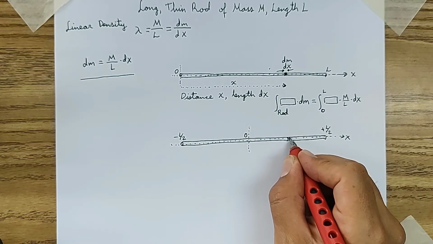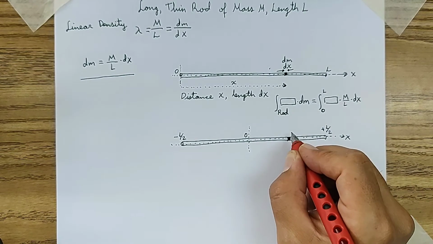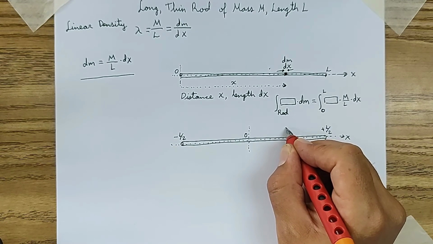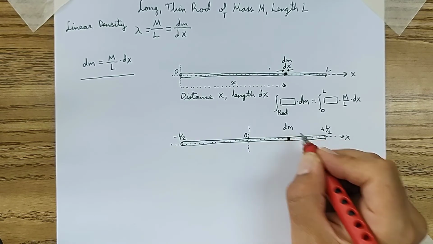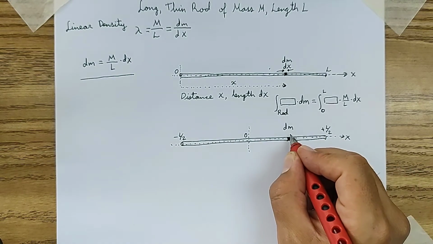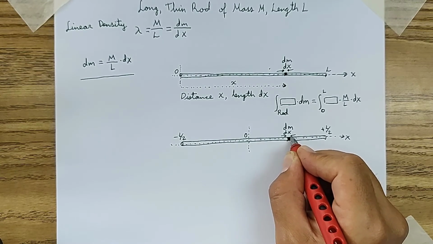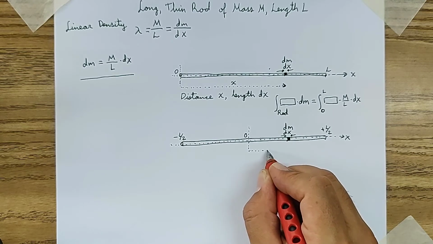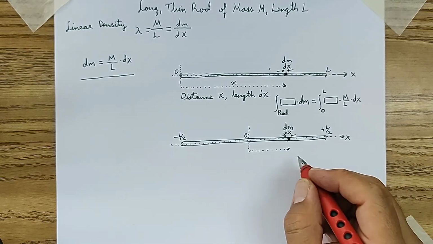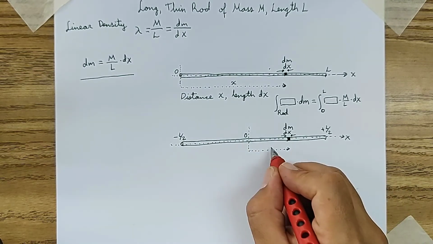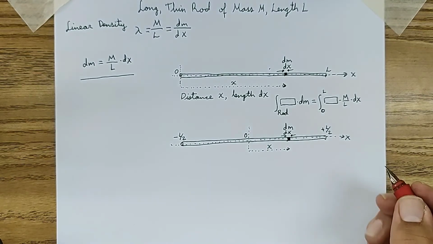Any mass differential that you take is still going to be symbolized by the same elements, dm for the mass, dx for the length, and the position, even if it's now measured from a different origin, is still called x.